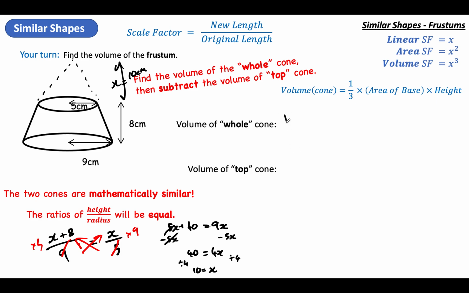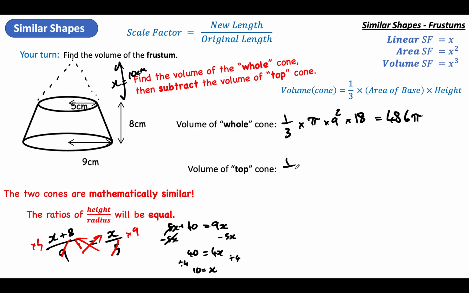Volume of the whole cone, 1/3 times pi, you know the drill now, times 9 squared, because that's its radius, times the whole height. Now the whole height is 18. Now if I knew what 6 times 81 was, I'd be able to do this in my head, but I don't off the top of my head. So 1/3 times pi times 9 squared times the 18 equals 486 pi.